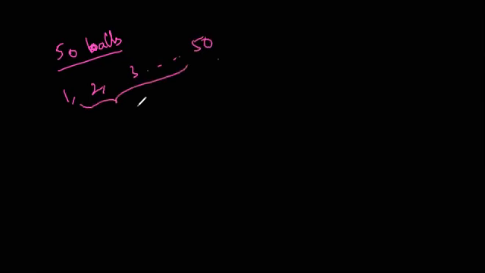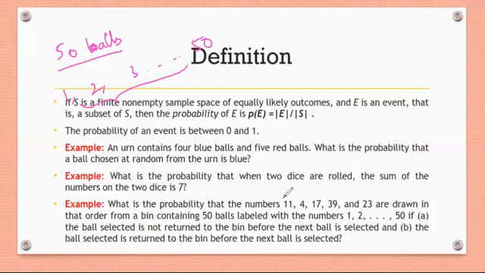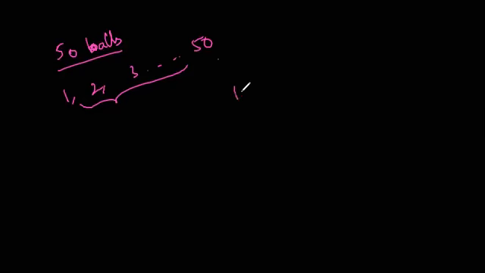So basically you have a bin with 50 balls, and on each ball we have a number like 1, 2, 3, up to 50. If we are picking balls from that bin, 11, 4, 17, 39, and 23, what is the probability that you will get these 5 balls?